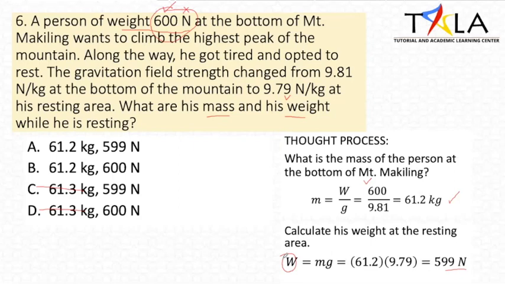So, depending on the gravitational field strength. Pero, sa mass, kahit gano'ng kataas or kahit gano'ng kababa, or anywhere else you are in the universe, hindi magbabago yung mass mo. It's always 61.2 kilograms. So, definitely, strike off na natin yung C and D dito. Alright? So, now what's the answer?